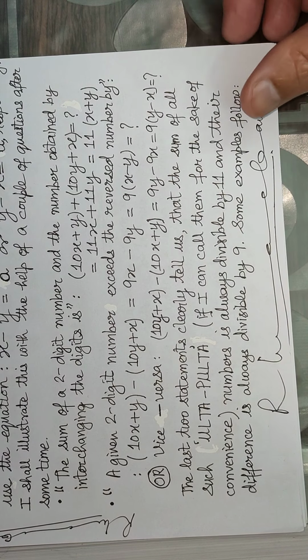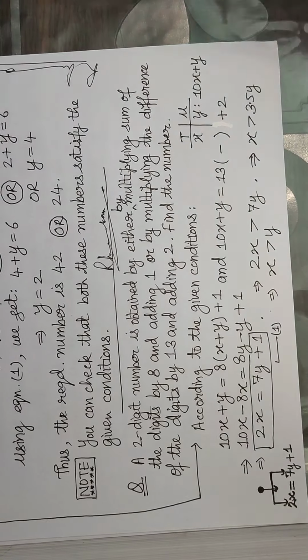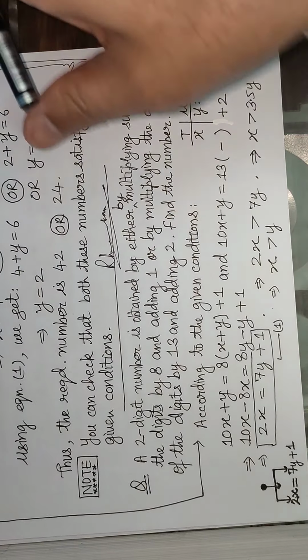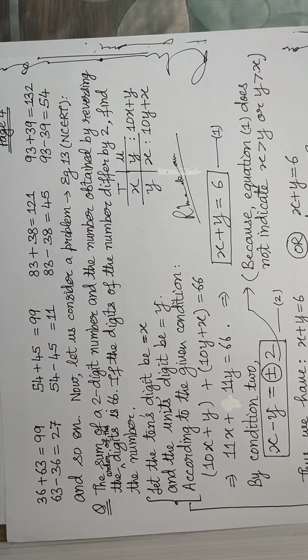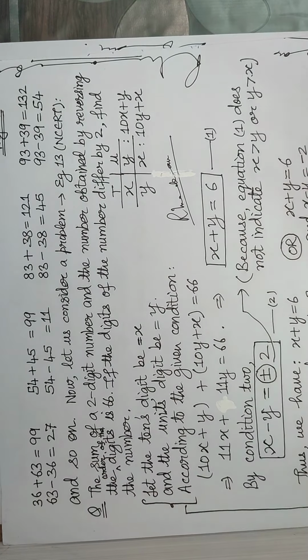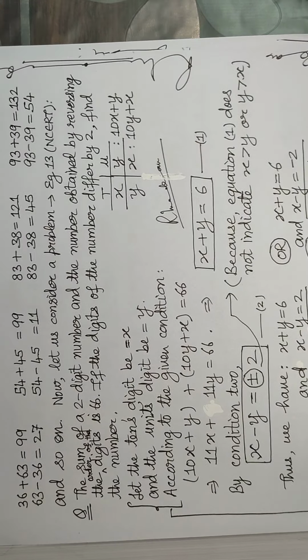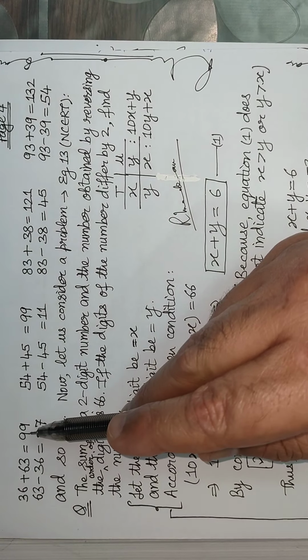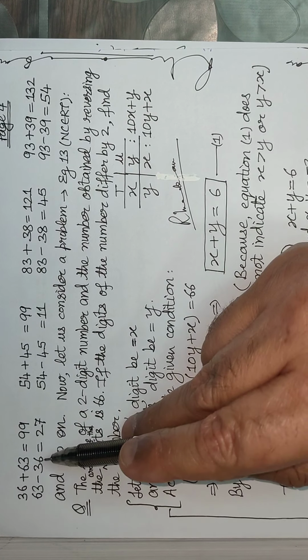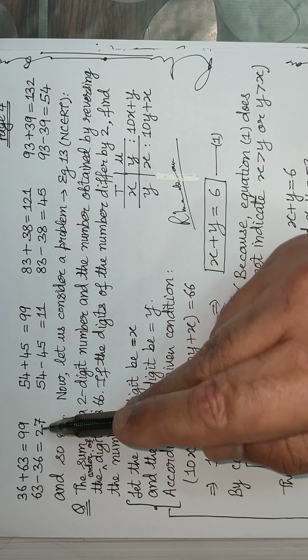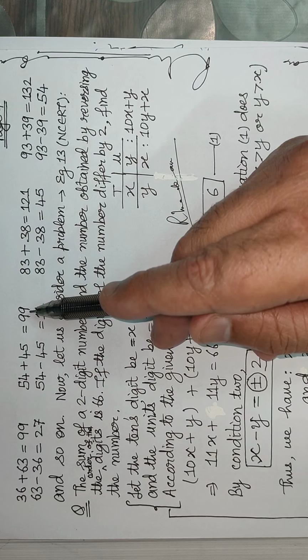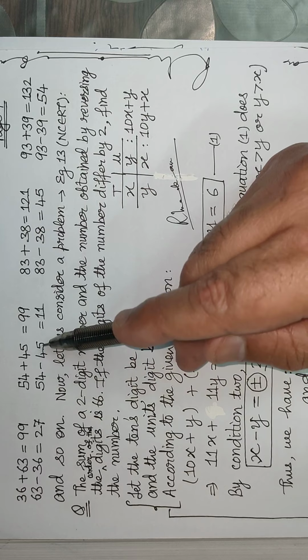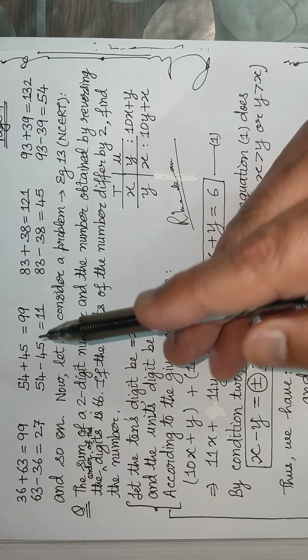Some examples follow. You can see 36 plus 63 is equal to 99 and 63 minus 36 is equal to 27. 54 plus 45 is equal to 99 and 54 minus 45 is equal to 9.